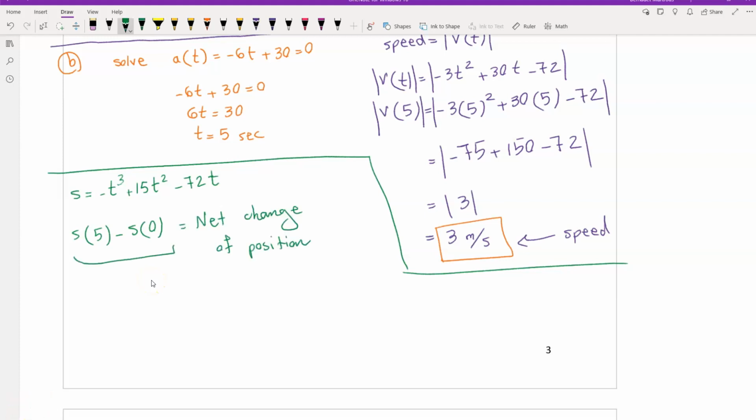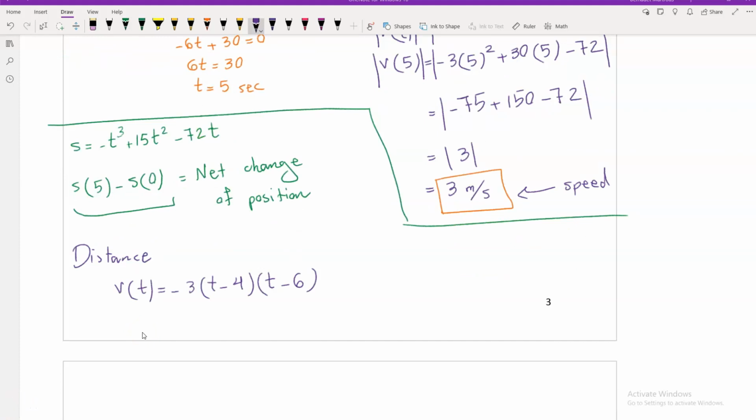Notice that what we have here could be 0 if S of 5 equals S of 0. So there could be no net change in position. Or it could be negative or positive based on what we have for S of 5 and S of 0. So after finding the distance between these two, we may have 0, negative, or positive. So this is net change of position. But when we ask for distance traveled, we have to take into account which way we went and how far in each direction.